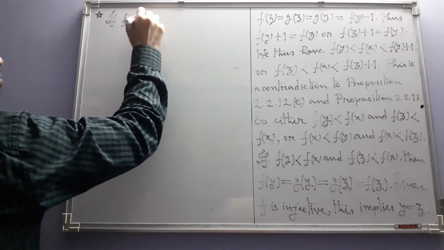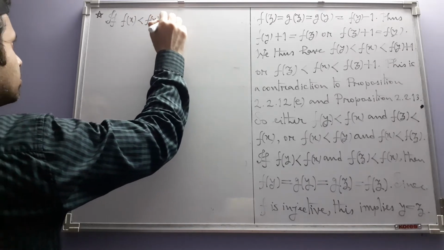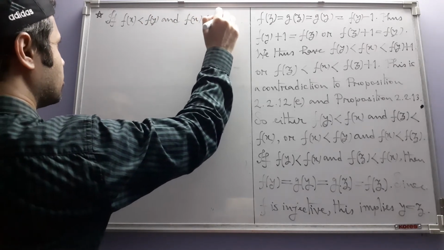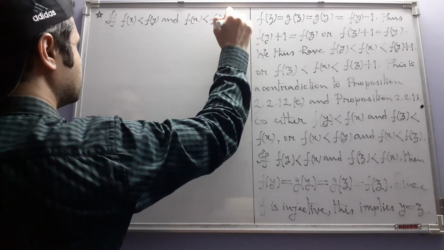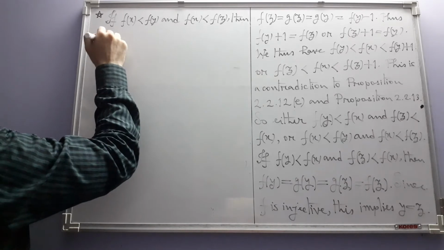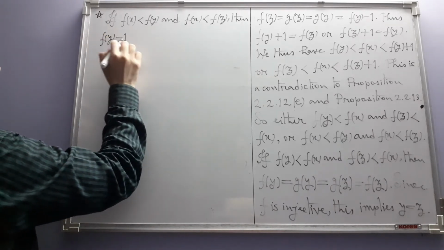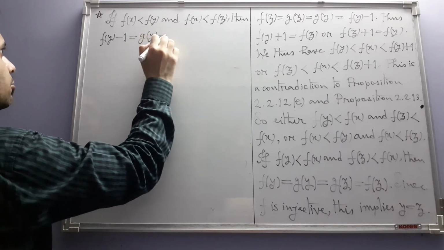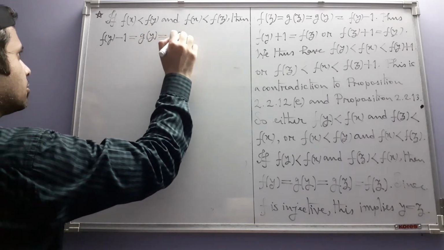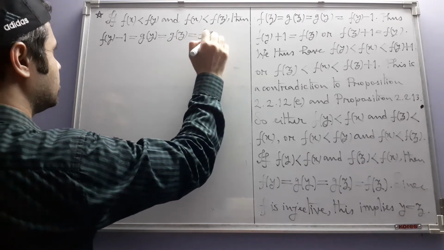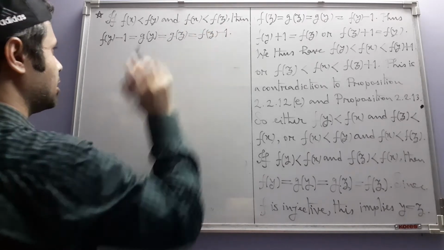If fx is less than fy and fx is also less than fz, then fy minus 1 by definition of g is equal to gy. From our assumption, gy is equal to gz, and gz again is fz minus 1.